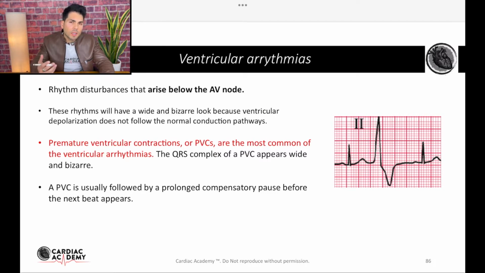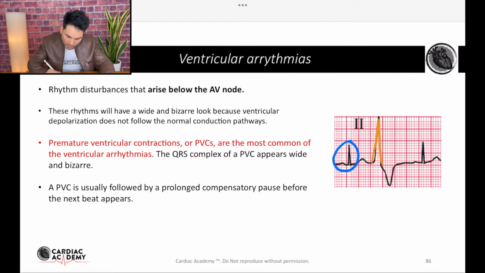PVCs are usually caused by irritation of the ventricle for whatever reason, but they can also be seen in healthy hearts. You're going to be able to identify a PVC because it's going to be a wide QRS, very different, very bizarre, and you're also going to see a secondary repolarization abnormality, just like we see in this image. Here you can see a normal depolarization: a P wave, a narrow QRS, and all of a sudden a wide QRS without any P waves.